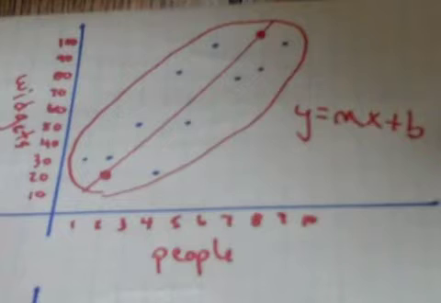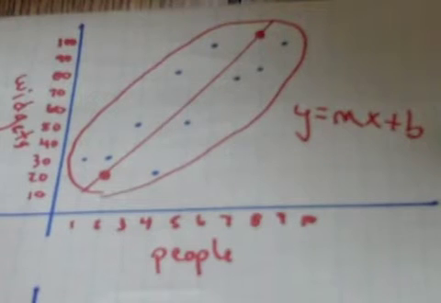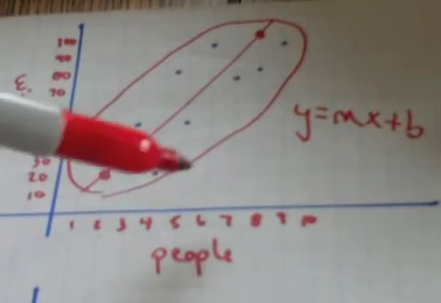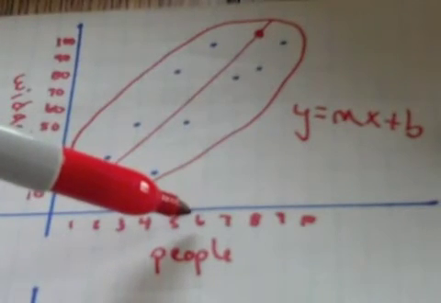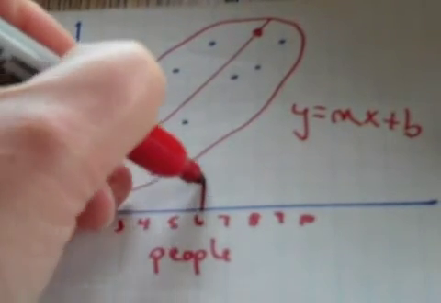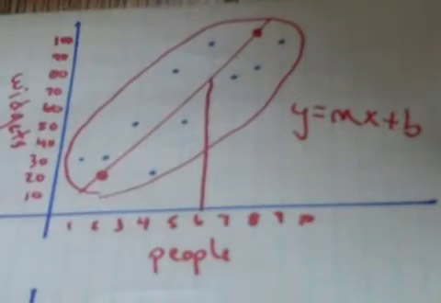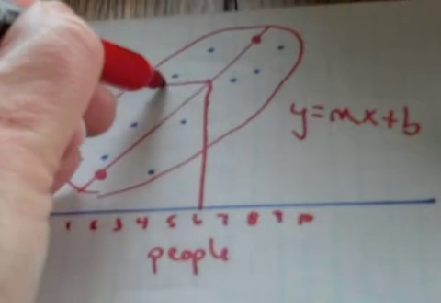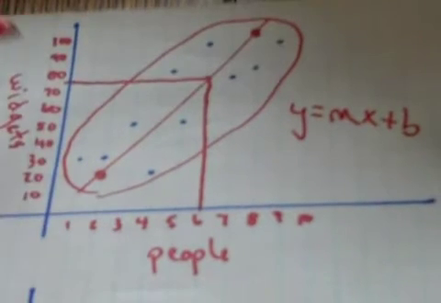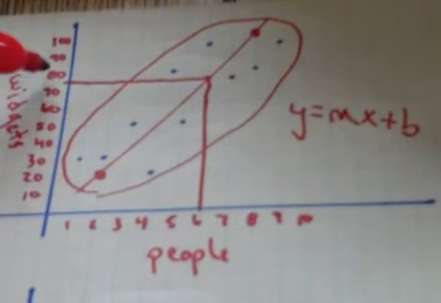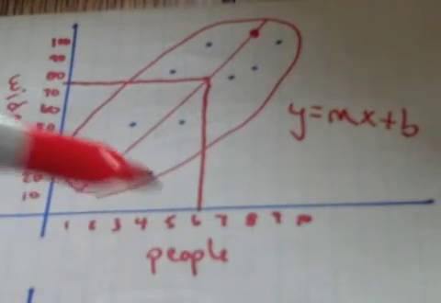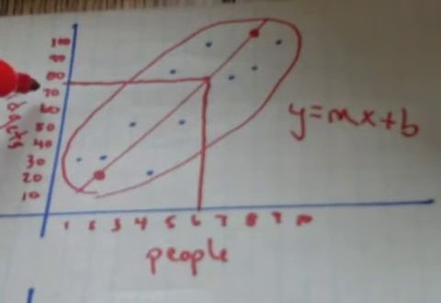If I didn't have any data on that particular place and I wanted to know how many widgets there are for every 6 people, I would follow my eye up to my line of best fit from the 6, and then follow my eye across, and it looks like somewhere between 70 and 80 widgets should happen for every 6 people. So I might tell my teacher I think it's approximately 75 widgets.